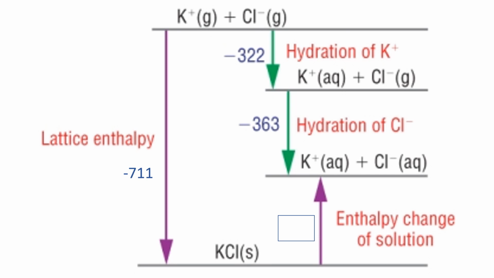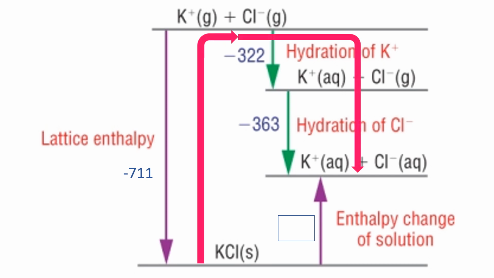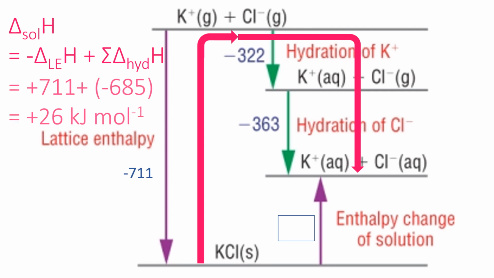So if we take an example and put the arrows in again, you can insert the numbers. So delta sol H is minus delta LEH plus the total of the hydration enthalpies. So plus 711, which is the opposite of minus 711, seeing which direction the pink arrow is going in, added to minus 685, which is the total of the hydration enthalpies, gives us positive 26.